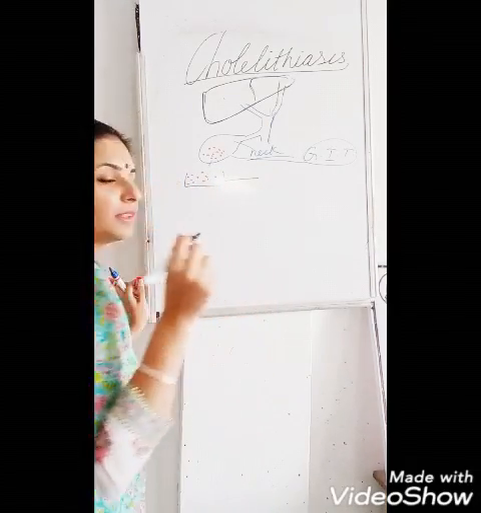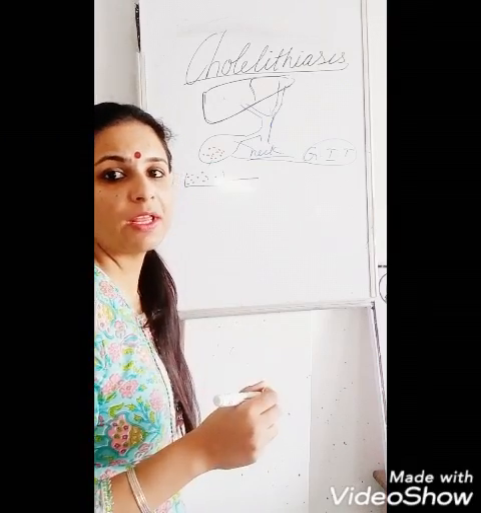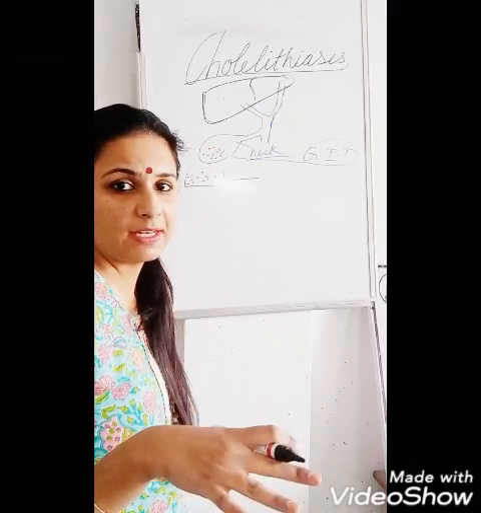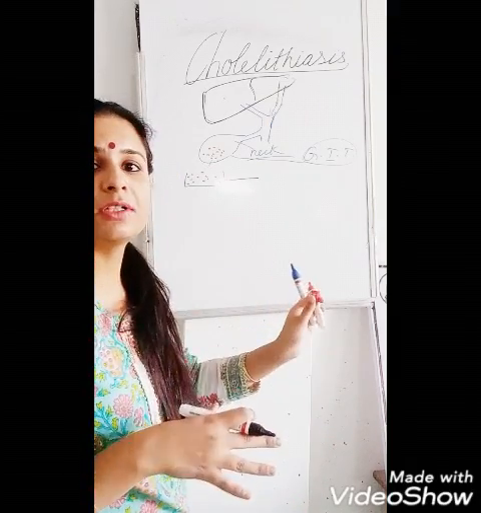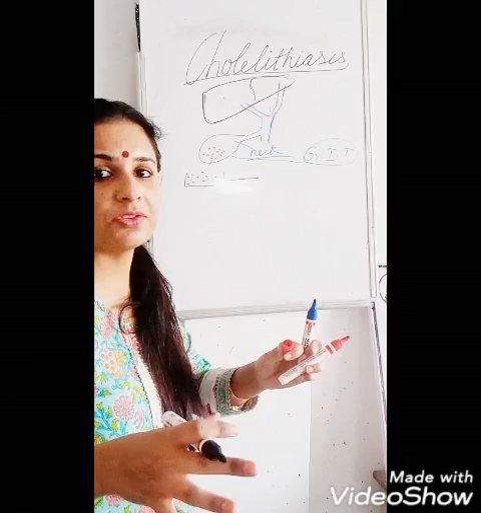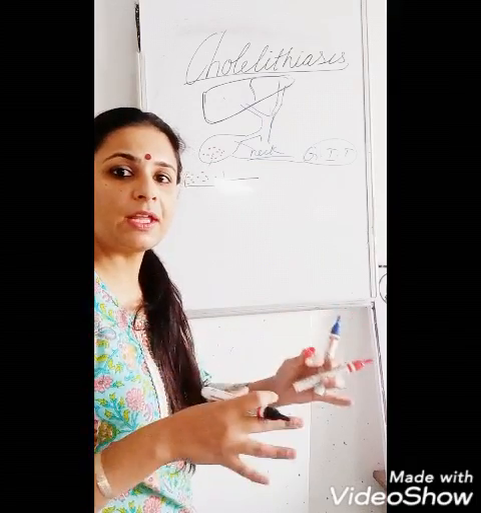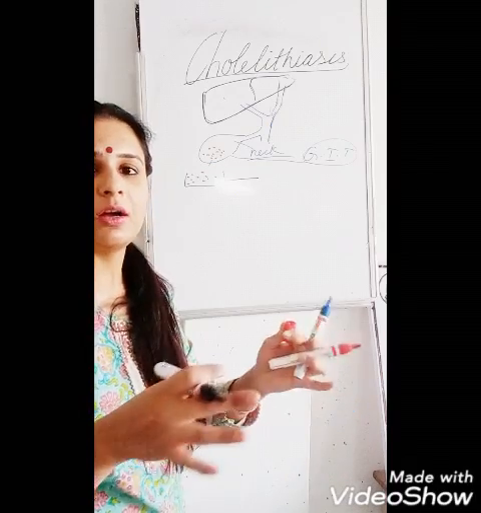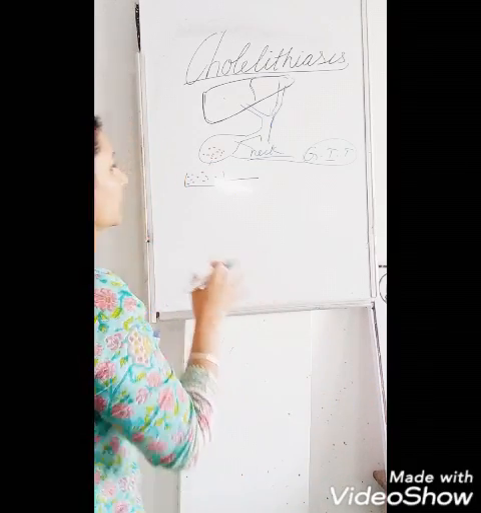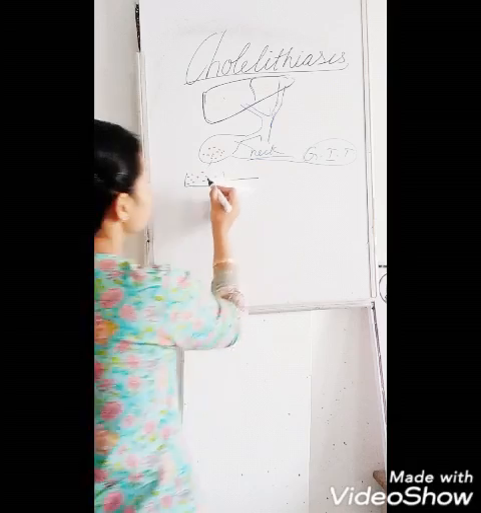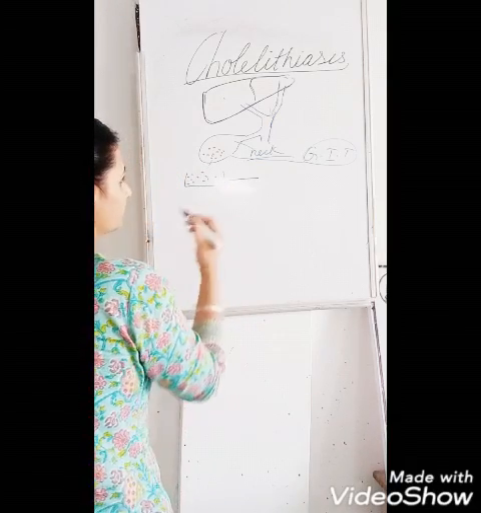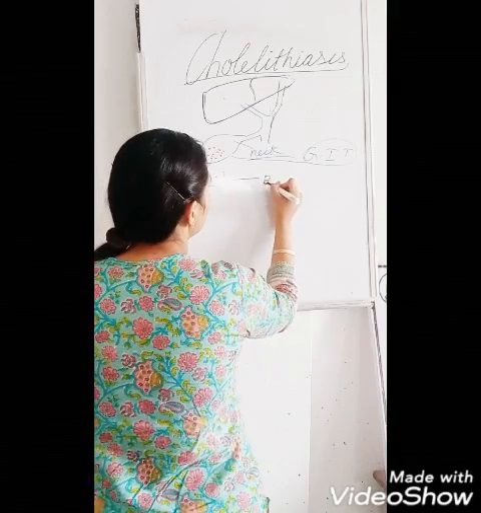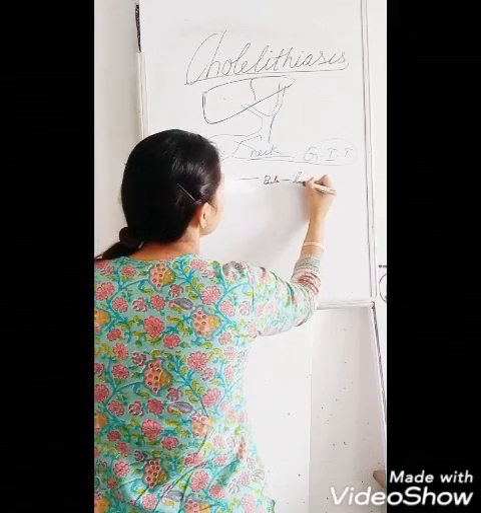There is excess of cholesterol in the bile, because the cholesterol is not getting eliminated due to the genetic mutation of MDR3. It is not getting combined with the phospholipids, it is not getting combined with the bile salts, so it is not getting eliminated. So there is excess of this cholesterol. So this bile will become lithogenic.